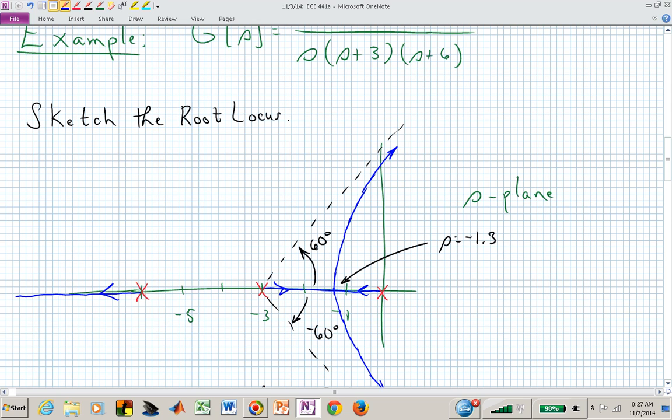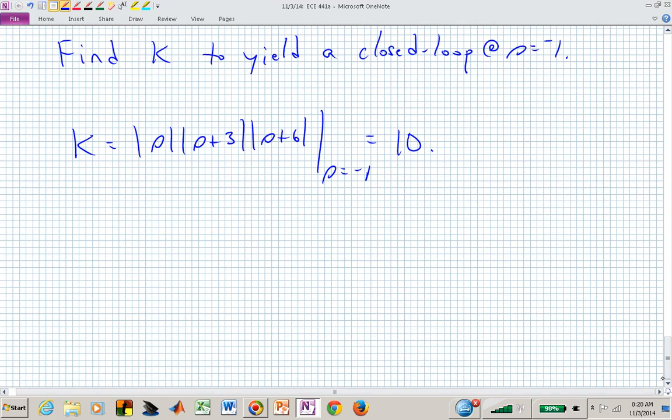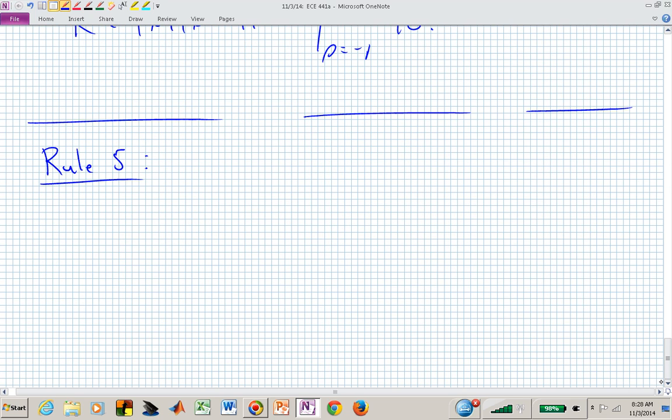We know that we're going to be probably close because those branches are approaching those asymptotes anyway. Let's now find, using rule number 5, where those branches actually do cross the imaginary axis. So with rule number 5, here's what I'm really doing. I have my poles and zeros if I had them.